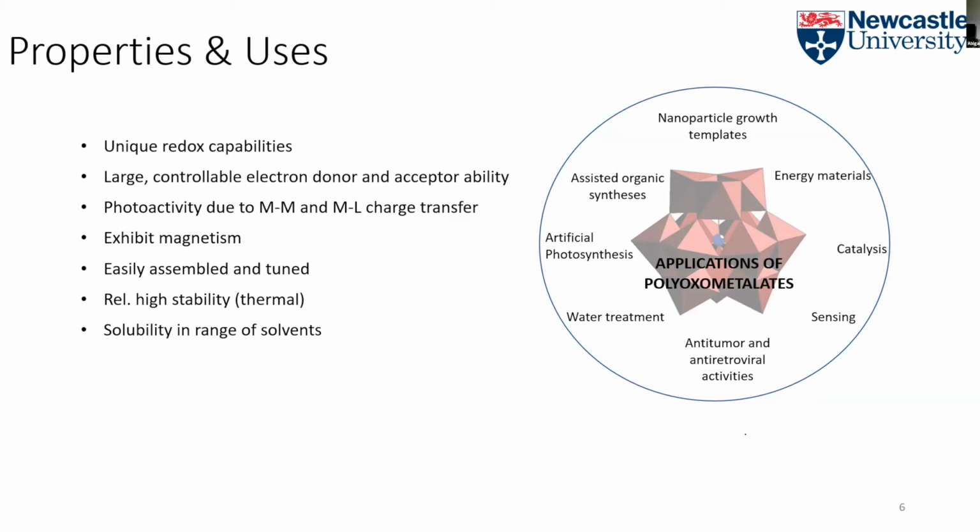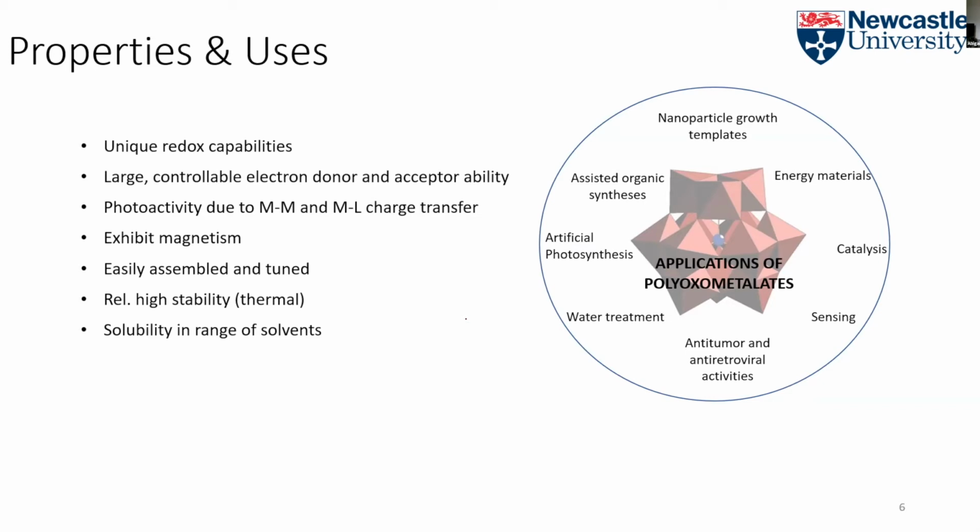You can also take out these little edges of octahedra, so you could take out a metal oxide and plug in transition metals or tiny molecules, which adds different properties and uses. It might make them photoactive, or magnetic. And they have really high thermal stability and are soluble in a range of solvents, which, as I'm a chemist, is really important. They're basically useful for everything, everywhere.